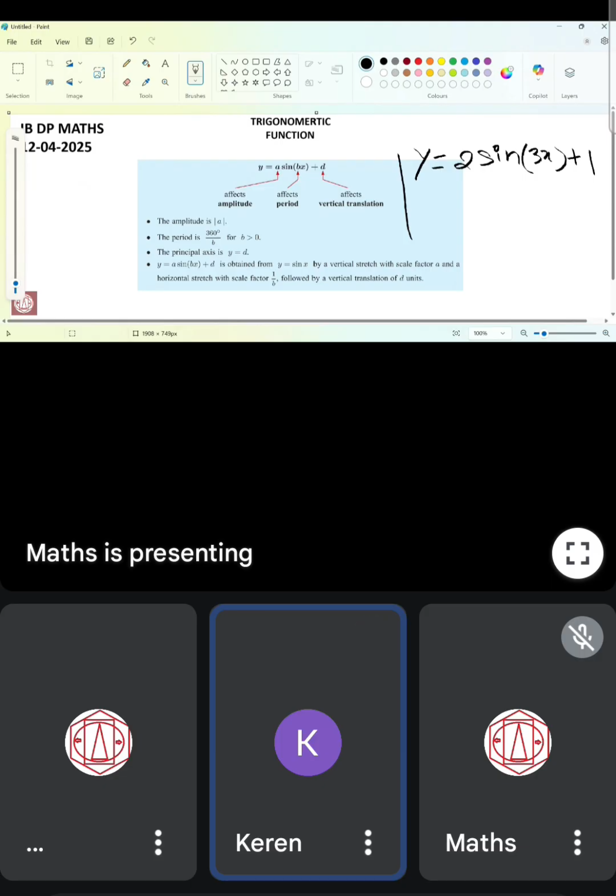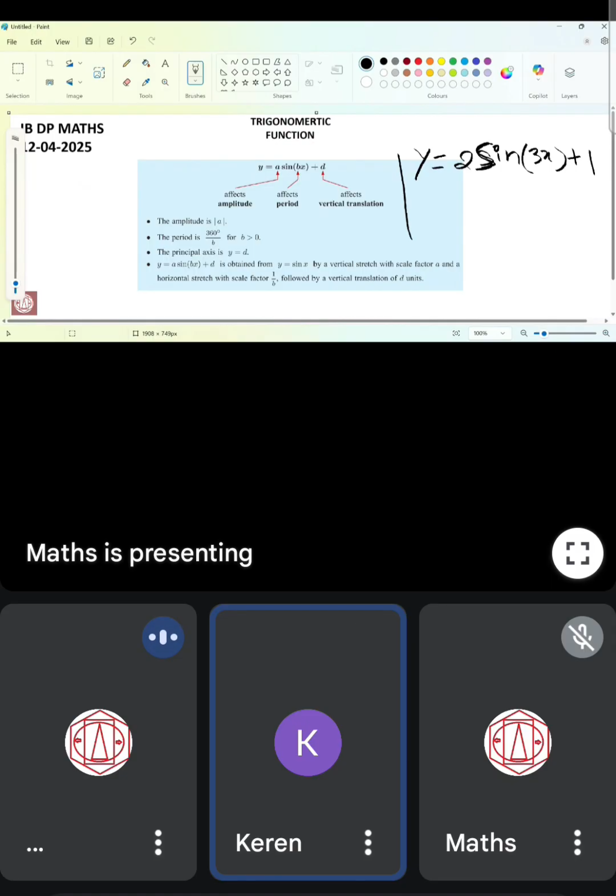It's not 25, it's 2 sine. Sorry. So what will you answer for amplitude? 2. That's correct.